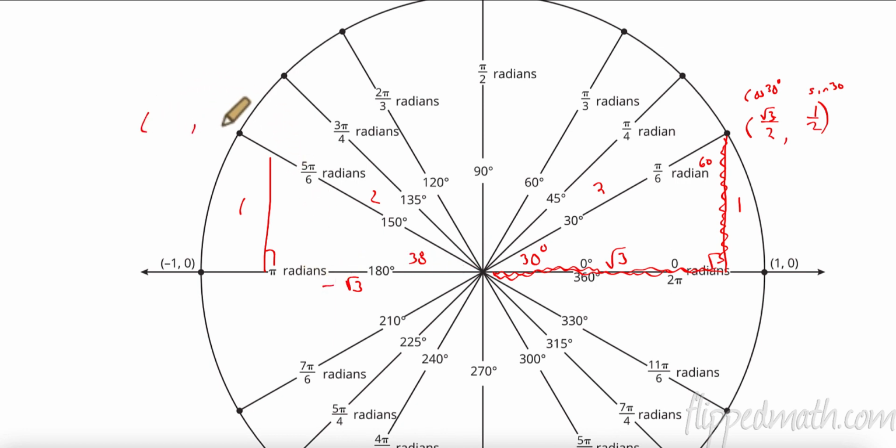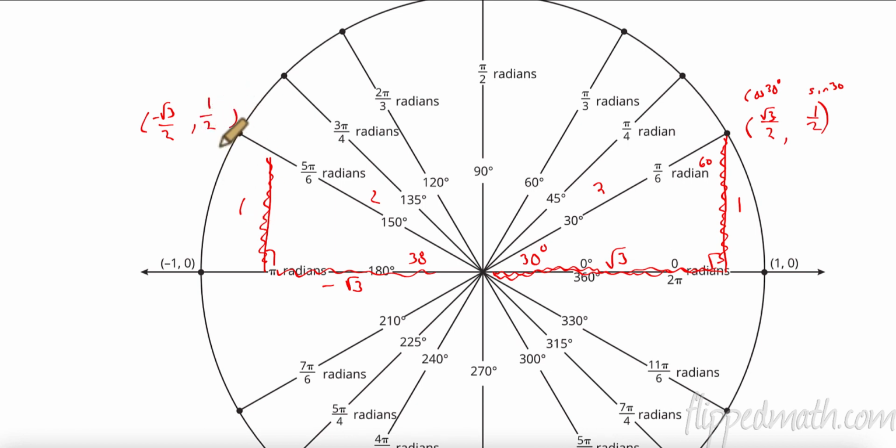So let's find the cosine. And I'm always putting the cosine in the x because it's adjacent, right? So adjacent, negative radical 3 this time, and hypotenuse 2. Let's take a look at our sine. Our sine is a y value, so that would be up 1 over 2.